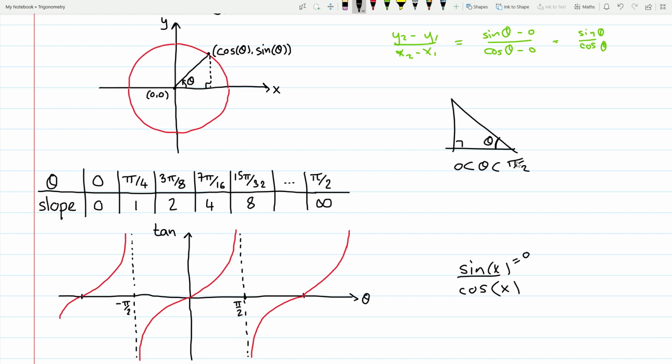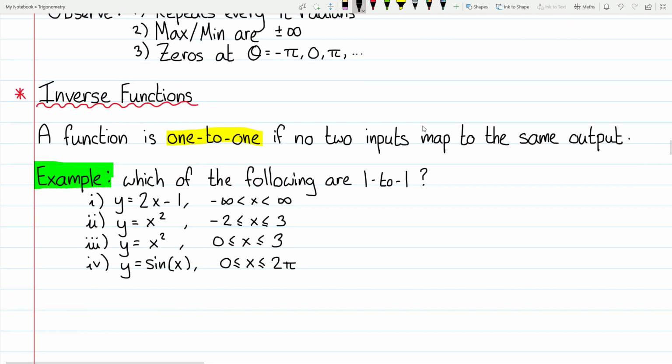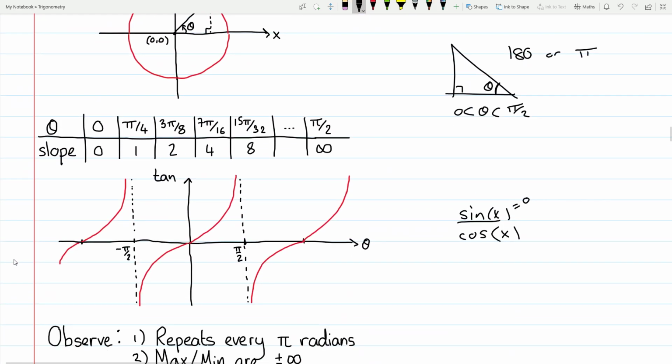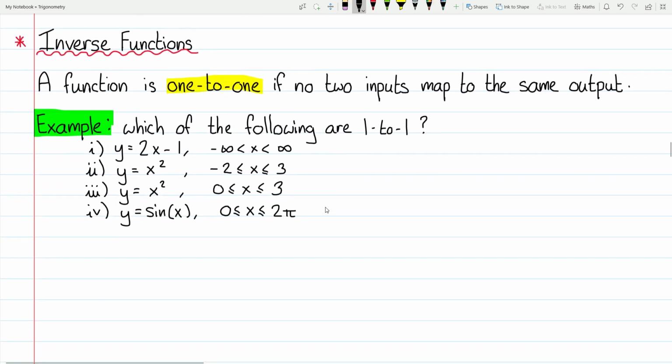This angle couldn't be any more than 90 degrees, otherwise the sum of the interior angles would exceed 180 or pi. So in this region, we could actually invert the trig functions. But there's an issue when we try and invert it for general points between negative infinity and infinity.